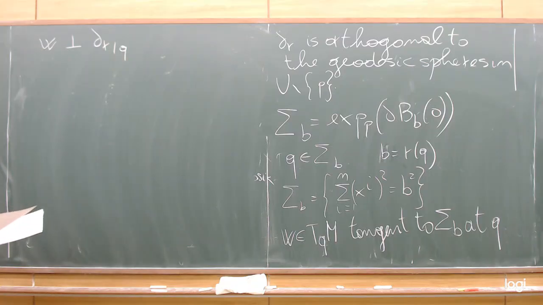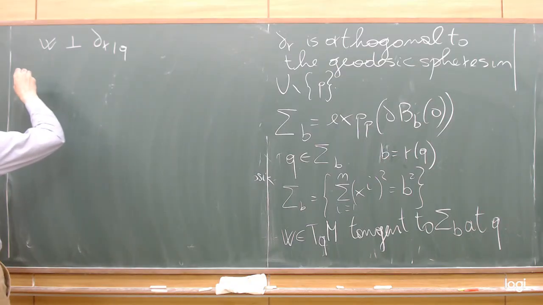In order to do this, we construct a variation of a curve defined this way.